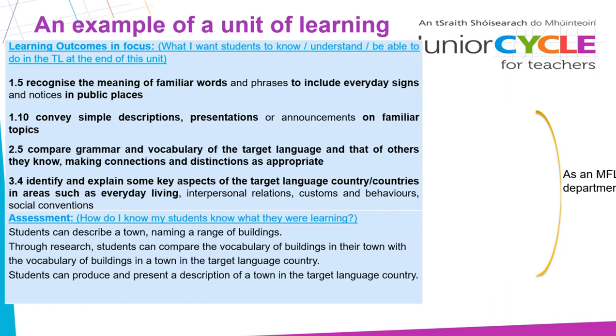We have selected Learning Outcome 1.5 from the reading element, Learning Outcome 1.10 from the spoken production element, Learning Outcome 2.5, comparing the target language with other languages students know, and finally 3.4, learning about traditions, customs and behaviours, an element within strand 3.